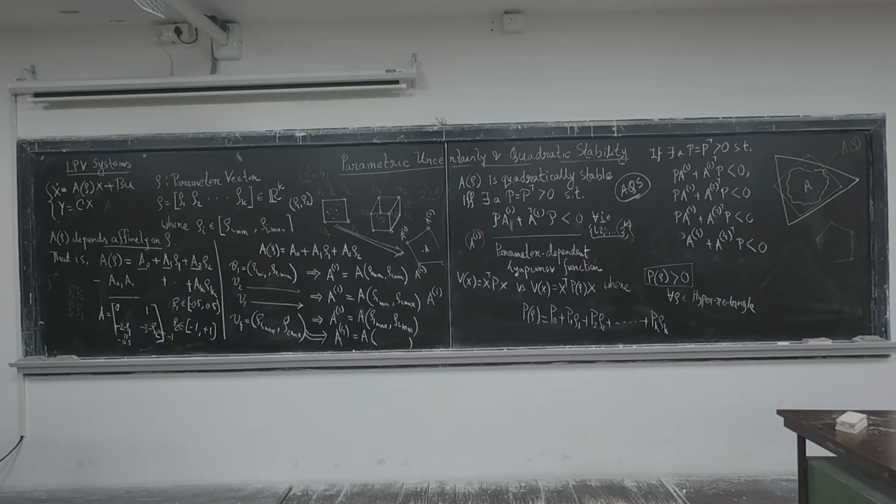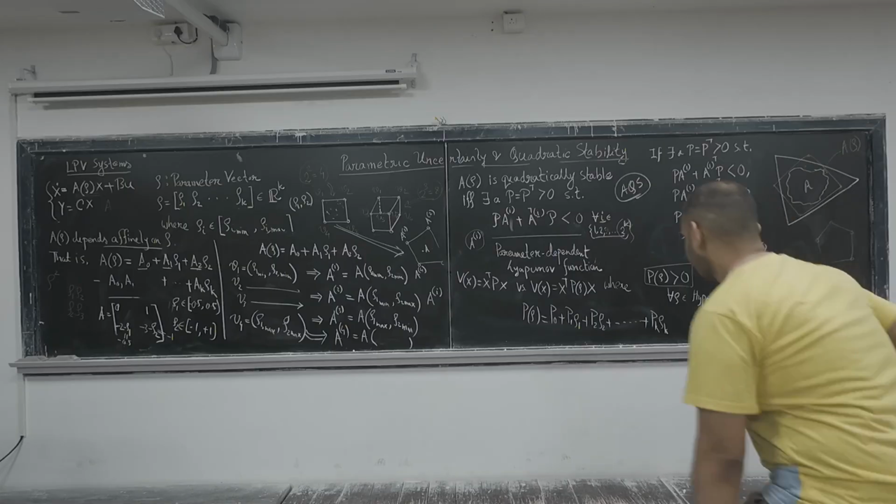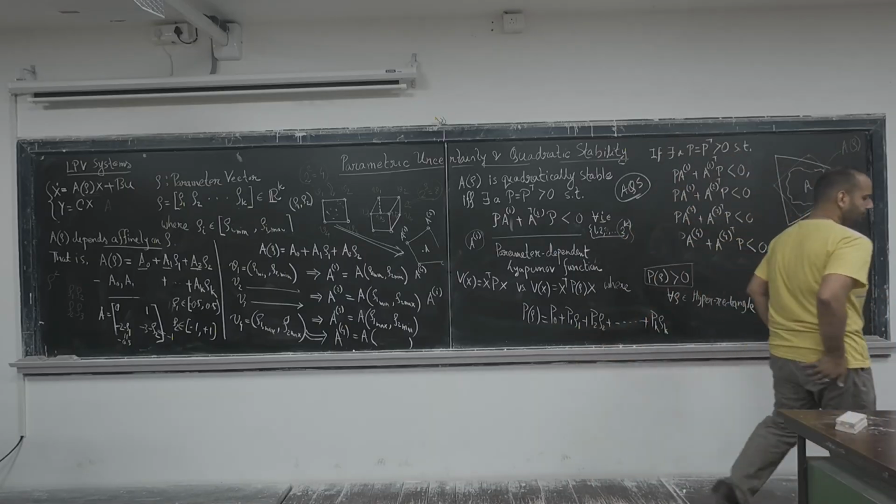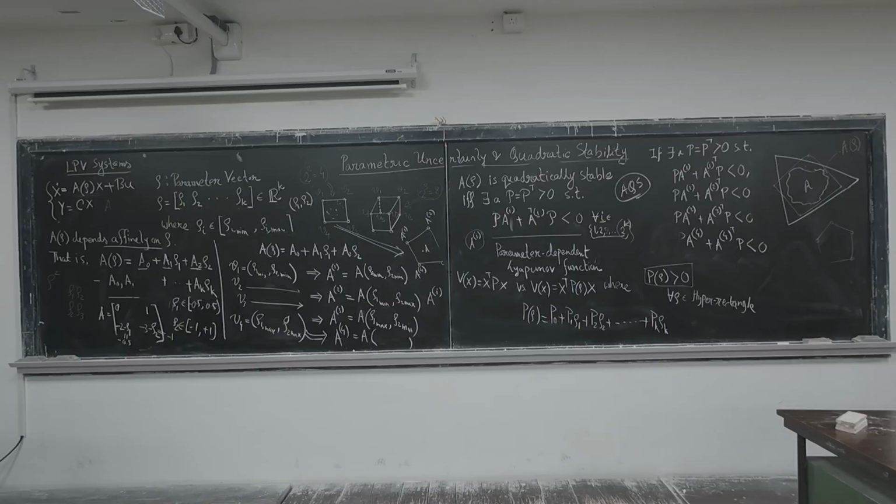His slides I have, and I will share those too. Parameter dependent Lyapunov and quadratic stability are also covered, but for a bit more detail you need one paper, which I said I will share.